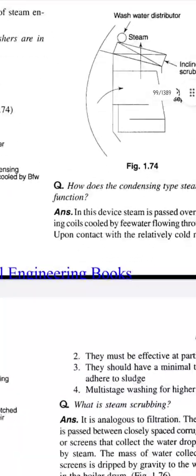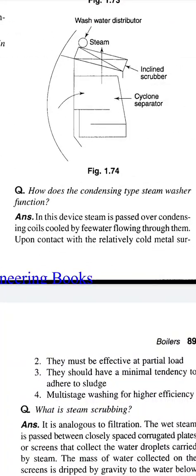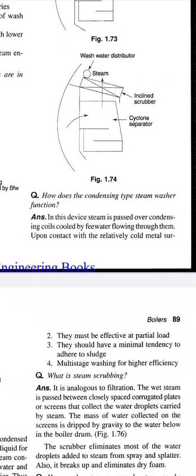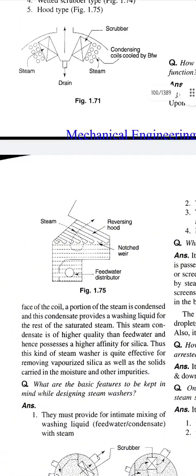So the next question, how does the condensing type steam washer function? Answer, condensing type steam washer. In this device, steam is passed over condensing coils cooled by feed water flowing through them. Upon contact with the relatively cold metal surface of the coil, a portion of the steam is condensed, and this condensate provides a washing liquid for the rest of the saturated steam.